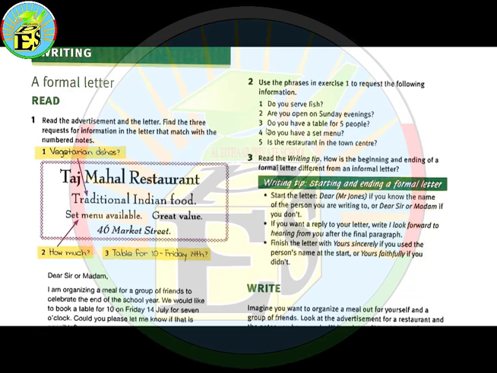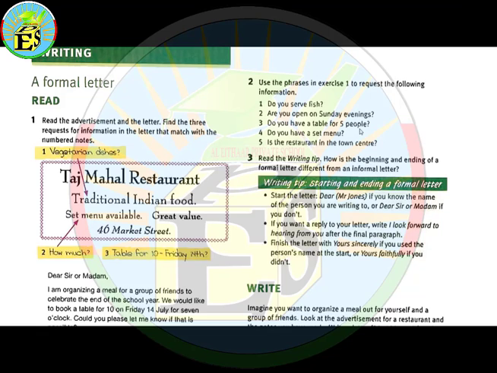The third example, do you have a table for 5 people? Or you can say, do you have a table for 5? So this means that we're talking about people here. The way that we write the request is to start with could. So could you please tell me, or could you please let me know if you have a table for 5 people?